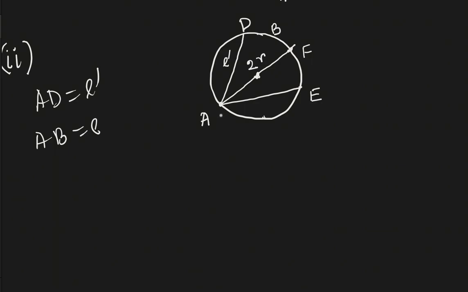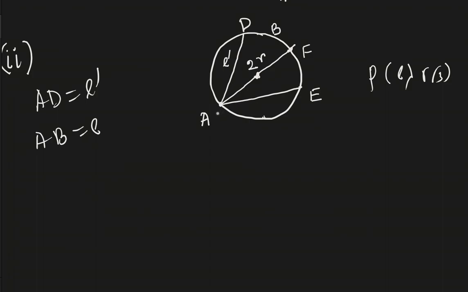Now if we want to calculate the probability of drawing a chord whose length is larger than R root 3, we also know that any chord we draw with one point at A and another point inside this arc is automatically greater than AD.